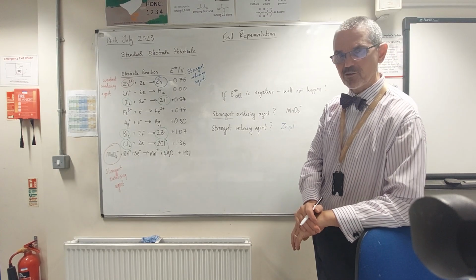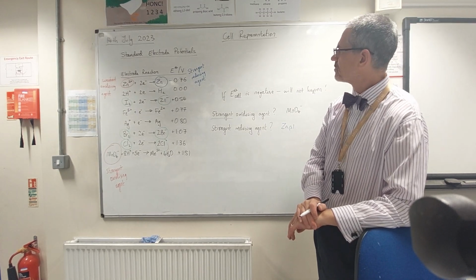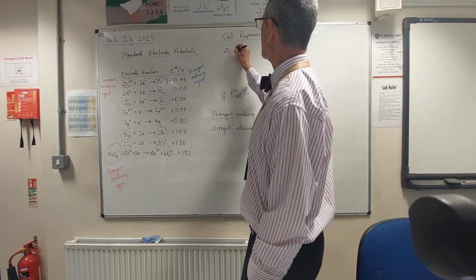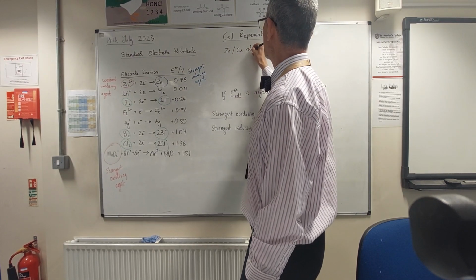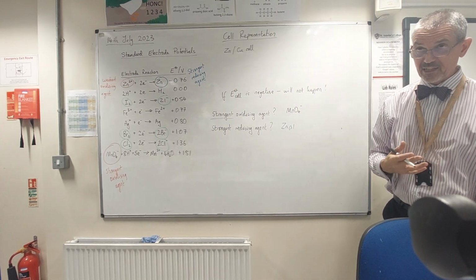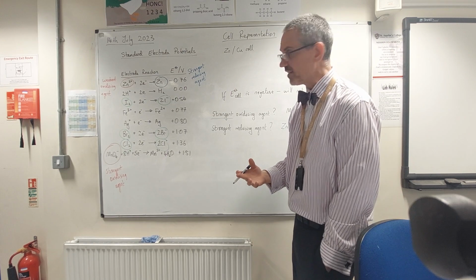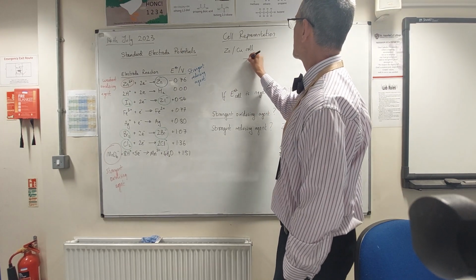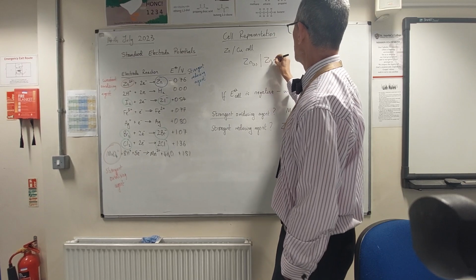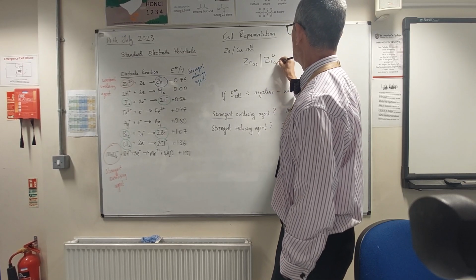It's now called a cell representation. If I have a cell, let's say I have the zinc copper cell. What's happening in that cell? Well, zinc is reacting and forming zinc 2 plus. Zinc solid reacts and forms zinc 2 plus.